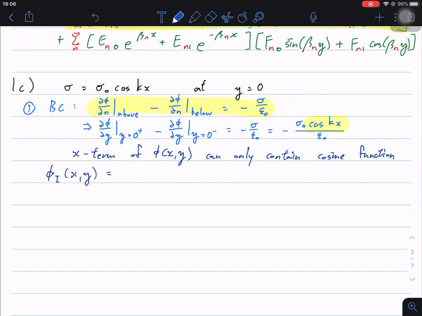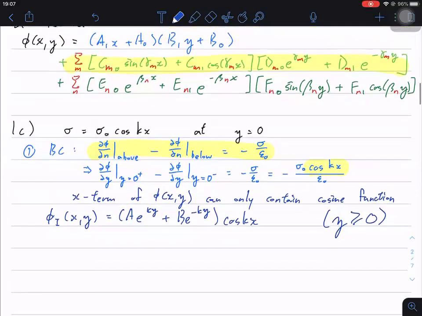So for y greater than 0, so for the potential above the plane, we have this form, cosine kx.